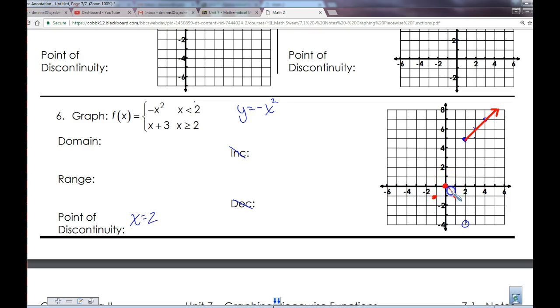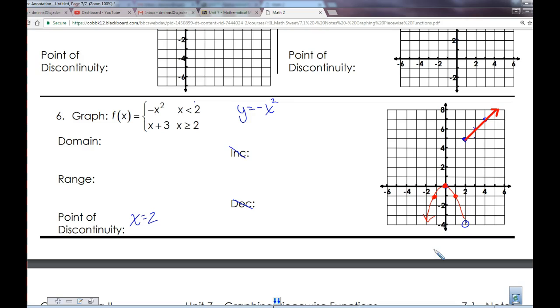On this direction, we come right down here, hit that point, and stop. Over here, we round this off, come on this, and this goes on forever. So there we go, a piecewise function with part line, part parabola.